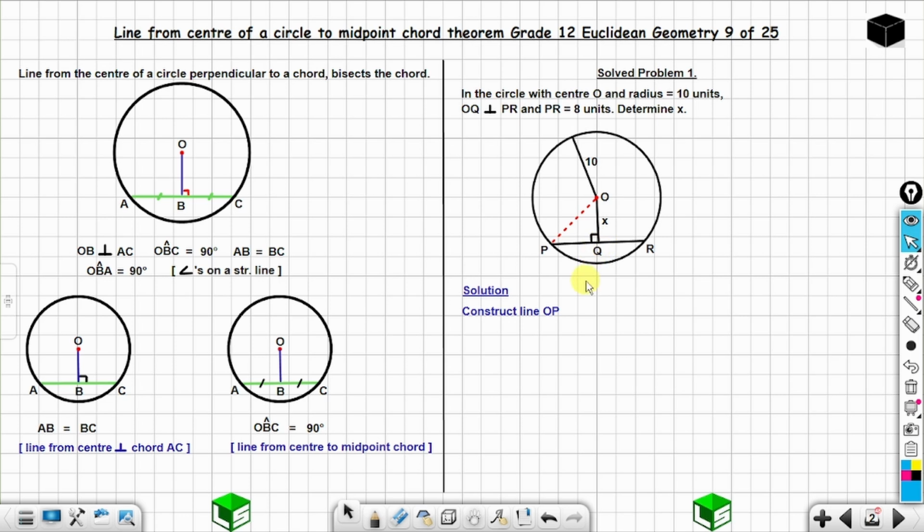With a right triangle, you can use Pythagoras to solve for X. So you need to know OP and PQ. OP is a radius, so OP is also equal to 10 units. We are going to work in the triangle POQ, using Pythagoras.